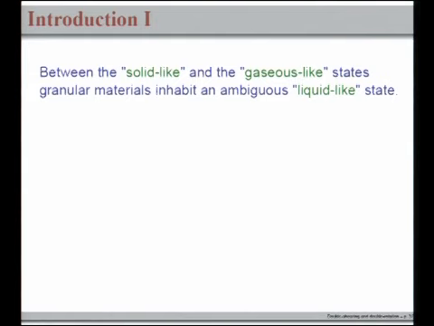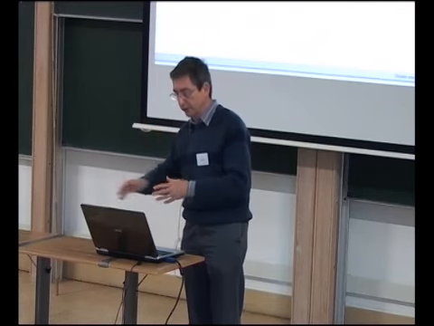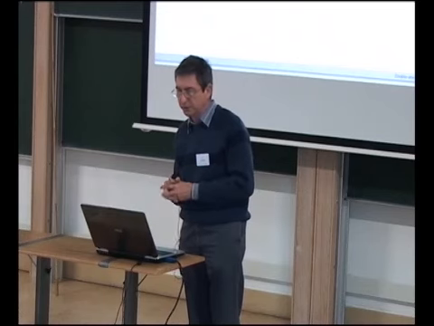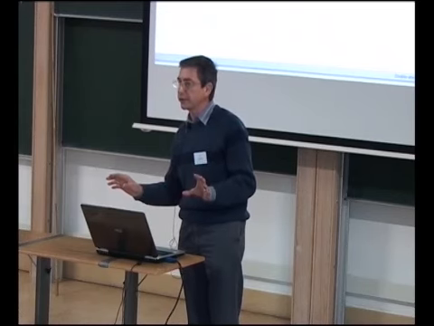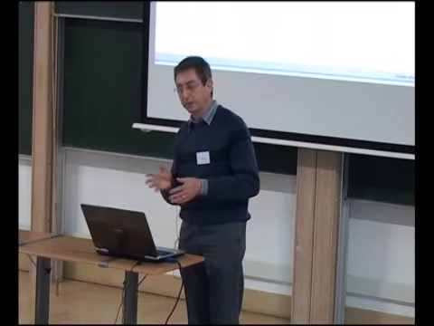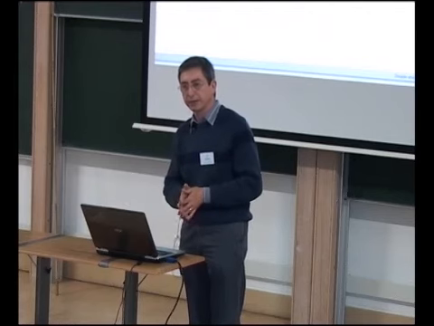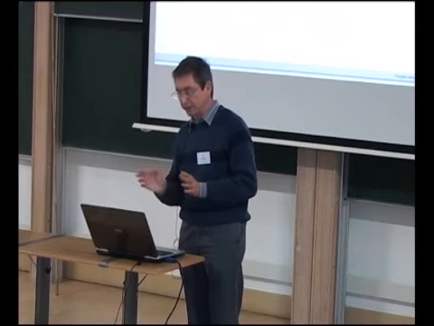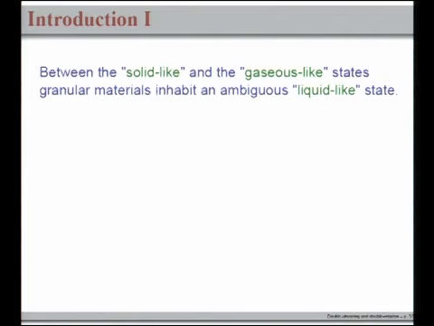I would now like to repeat some of the things that Rafaela said in her talk. At some point I was trying to move slightly away from the slow regime, using a slow model but moving slightly out of it, which made me think in terms of solid-like and gaseous-like states, which are pretty well defined. But the plasticity state is somewhere in the middle, a liquid or plastic-like state.